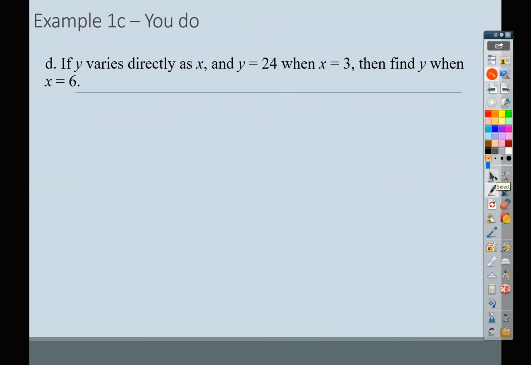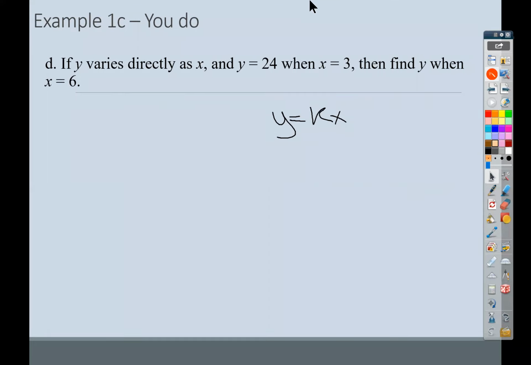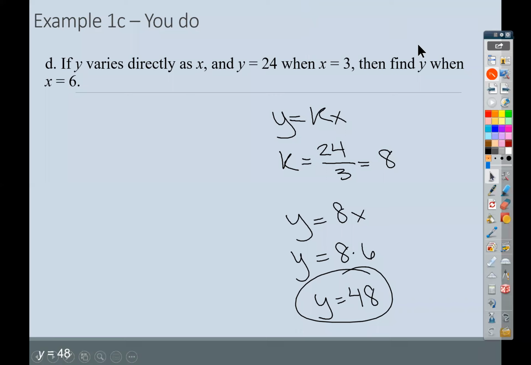D says, if y varies directly as x, this is one for you to do, and y equals 24 when x equals 3. Find y when x equals 6. You should have gotten y equals 48.